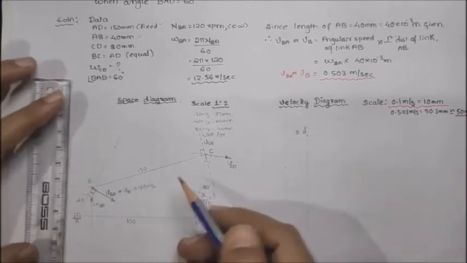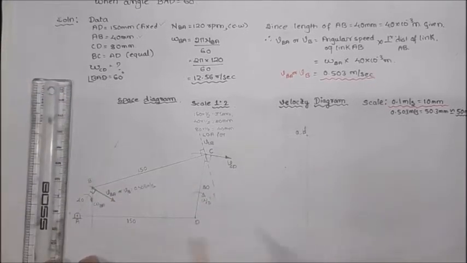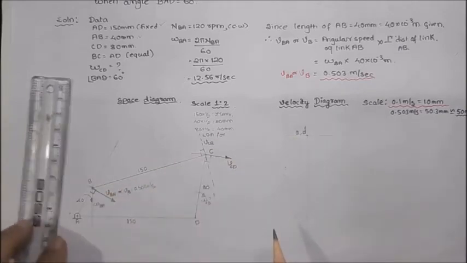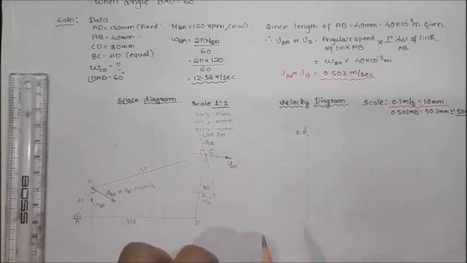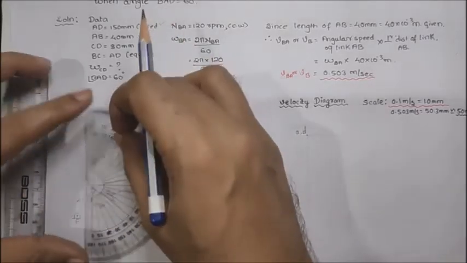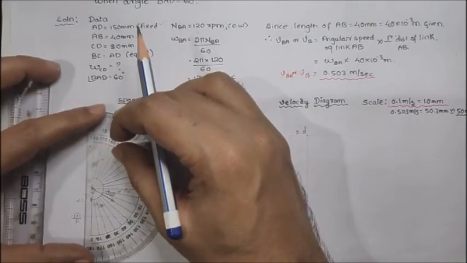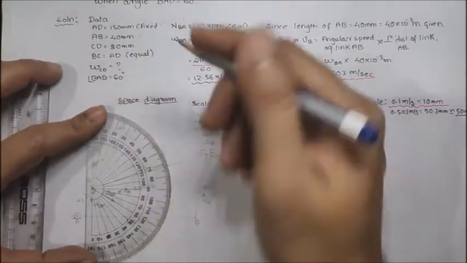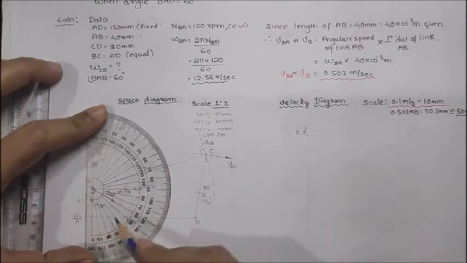And we'll measure this angle. So how to measure that angle? We'll keep a compass here. I'm getting this angle equal to 60 degree.